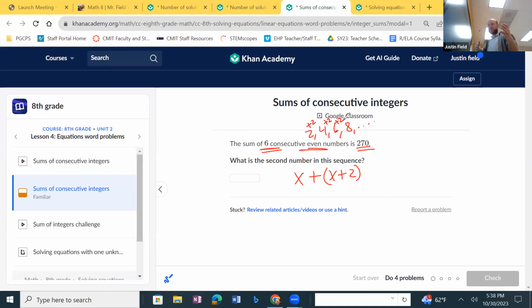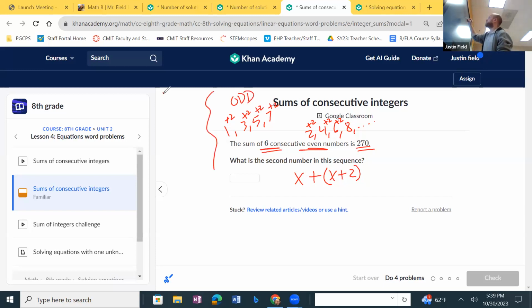So to get from even number to even number, you have to add 2. And guess what? Even with the odd numbers, guess how much you have to add? 2. So whether it's even or odd, we're always adding 2 to get to the next number if we see consecutive even or odd.